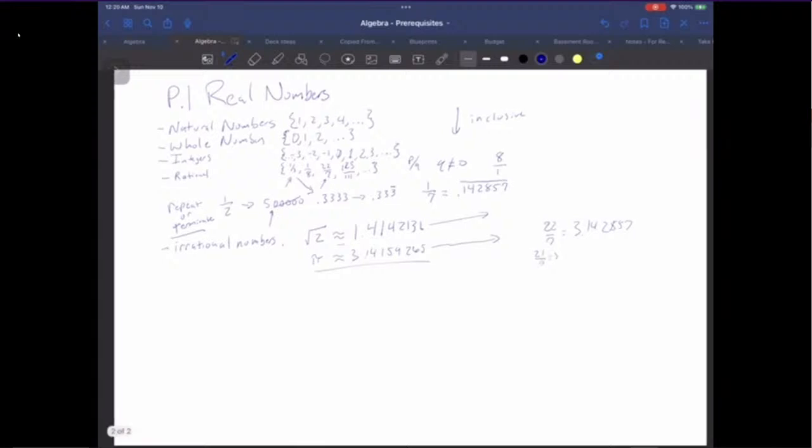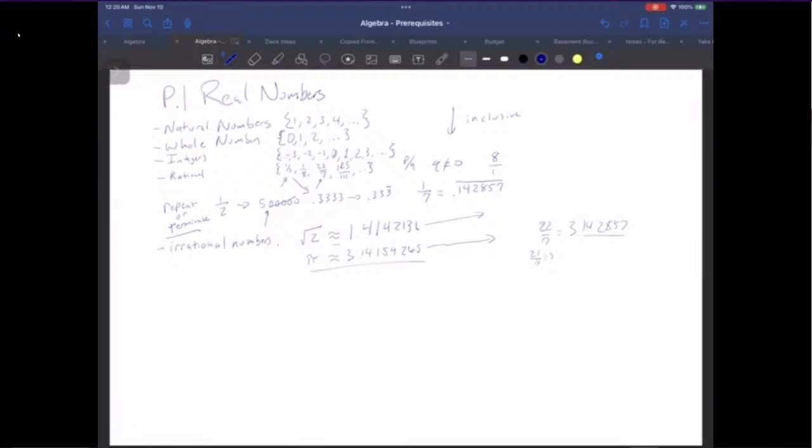And so you have 1/7 left over, so you still have the 1/7 there. And then that repeats forever. So you'll see the 1 and the 4 are very close, and then it diverges from there. But because it repeats, it's a rational number. Pi does not repeat, so we call it an irrational number.